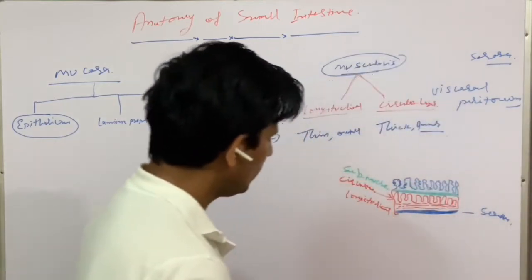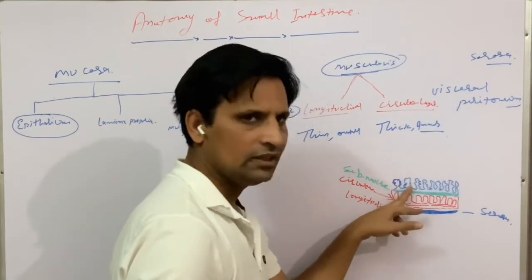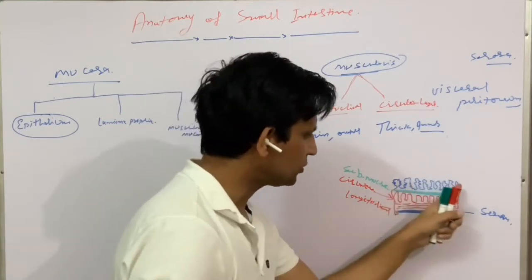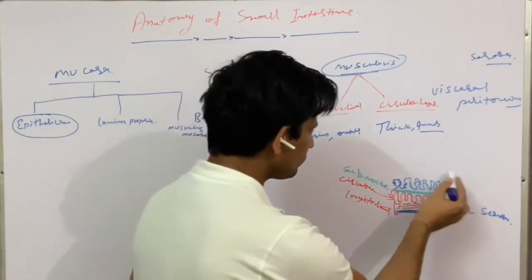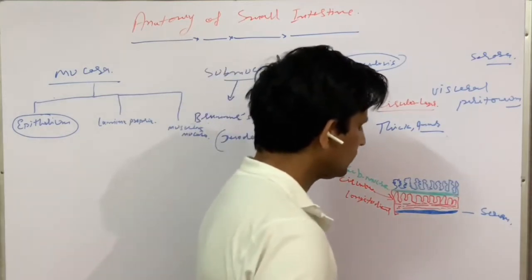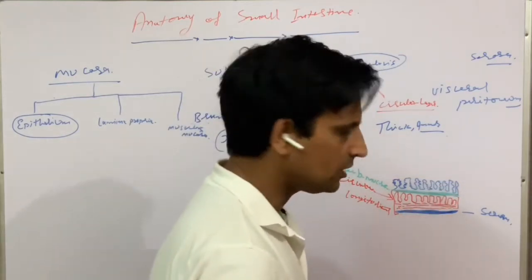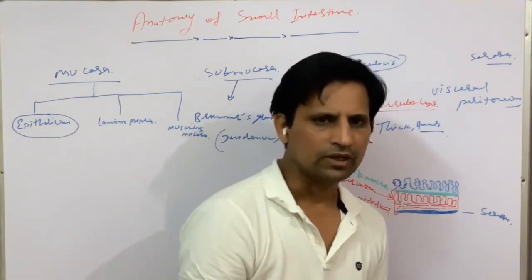We can see some folds, some circular folds between the mucosa, and what do these circular folds do? They increase the surface area of the lumen, right?